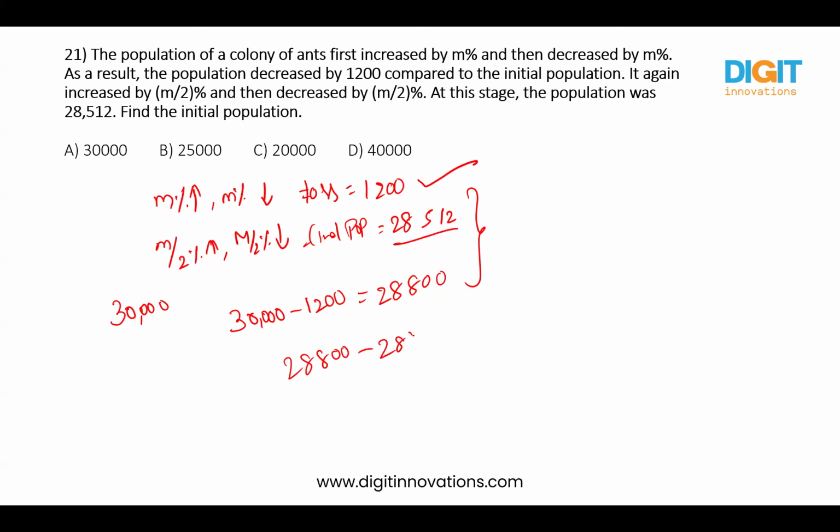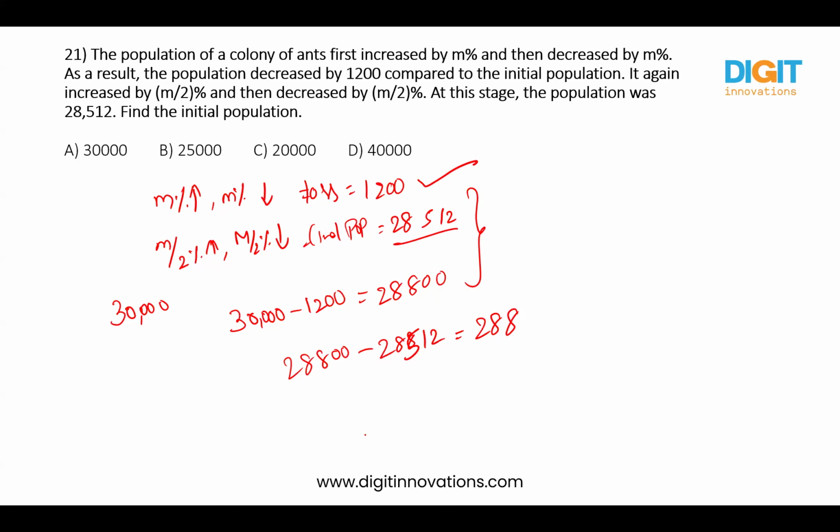So how much did it decrease in the second stage? 288 is the loss in the second stage. So the first loss is 1200 and the second loss is 288.